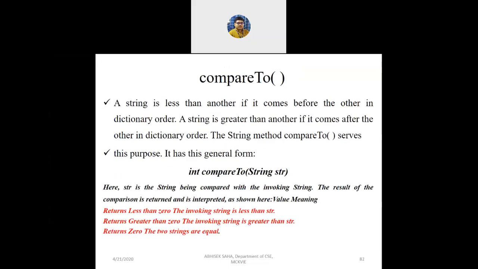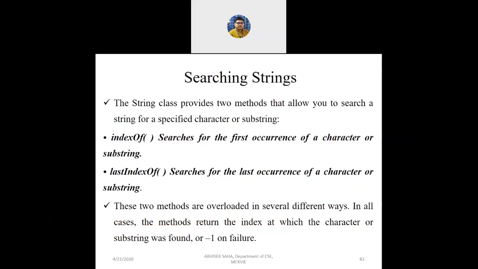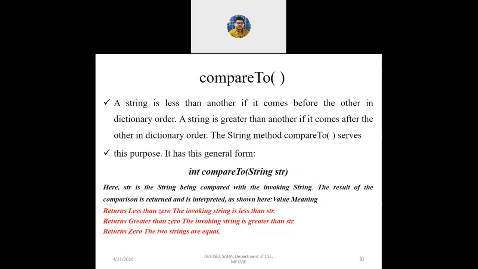The method compareTo determines whether a string is less than another. When we use this compareTo method, we are basically comparing two strings, right? Comparing two strings means what?